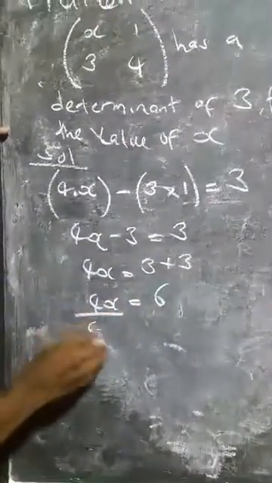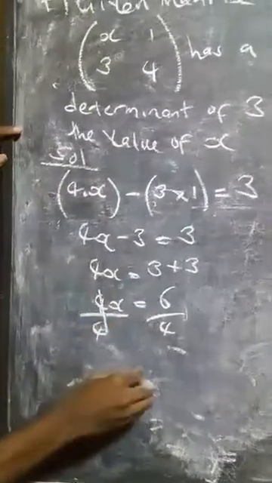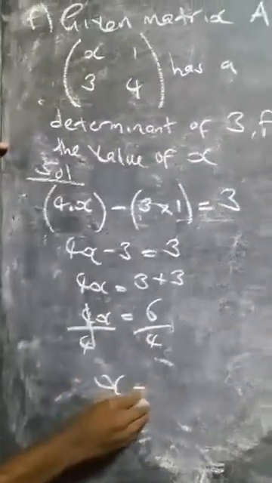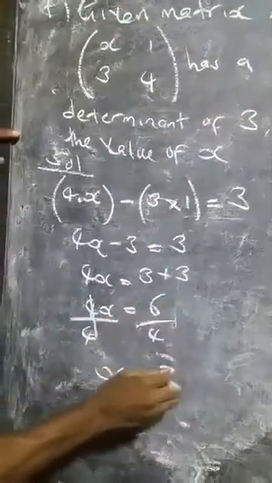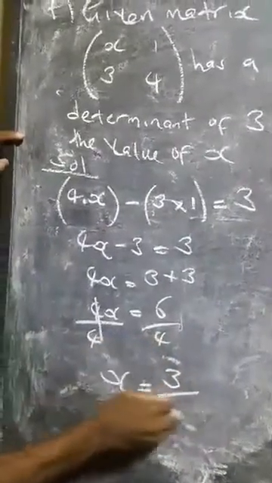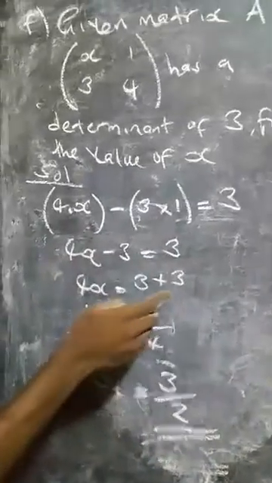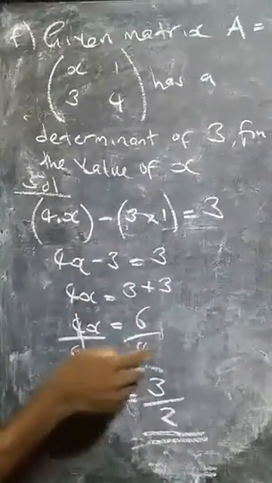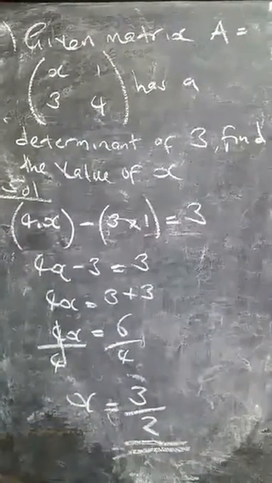So your answer is divide by 4. So x is equal to 3 over 2, since 2 into 6 is 3, and 2 into 4 is 2.